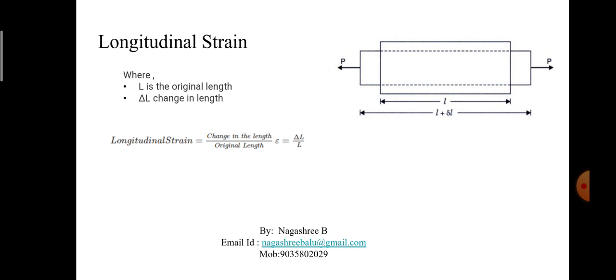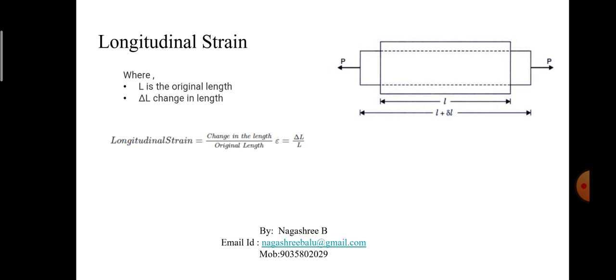Whenever the nature of the load applied is tensile, you can expect the longitudinal strain as increase in length to original length. But whenever the external load applied is compressive in nature, you can expect the longitudinal strain as decrease in length to the original length.